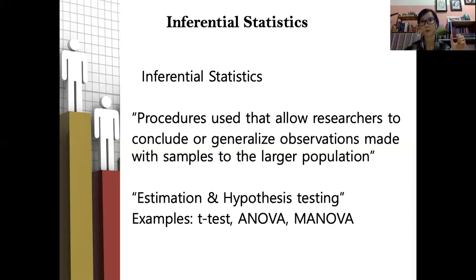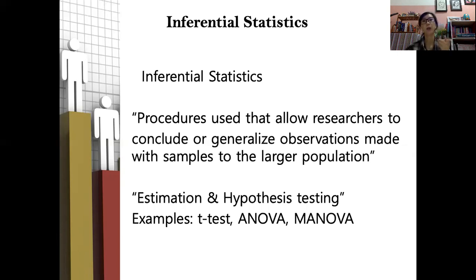This target group, which includes everyone and everything that we are interested in, this whole big group is called population. But since it might be too big for us to manage or to investigate feasibly, then we take representative members from this bigger group. The representative is called sample.